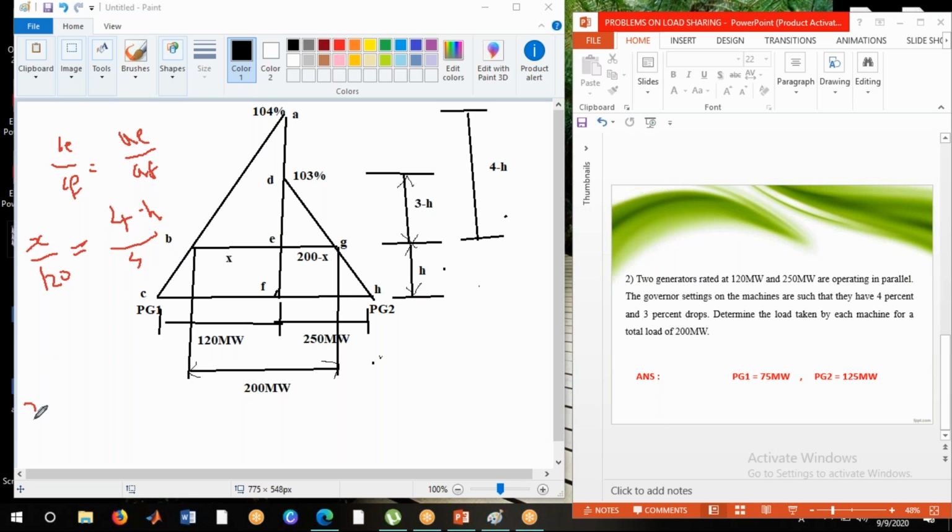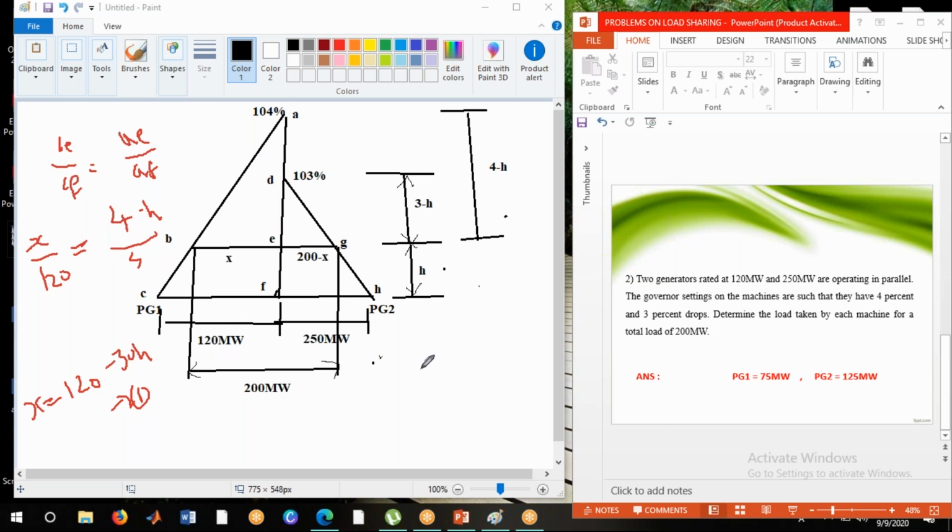Now from this equation, we get 4X equals 480 minus 120H, so X equals 120 minus 30H. This is equation 1, and this entire part is for generator 1.